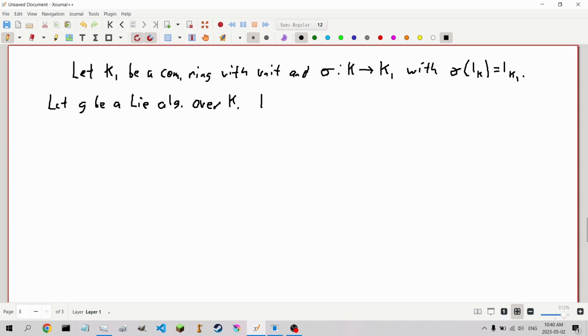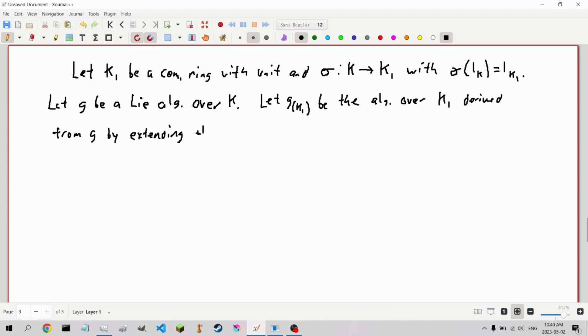It says let GK1, in this case, notation, be the algebra over K1 derived from G by extending the base ring.